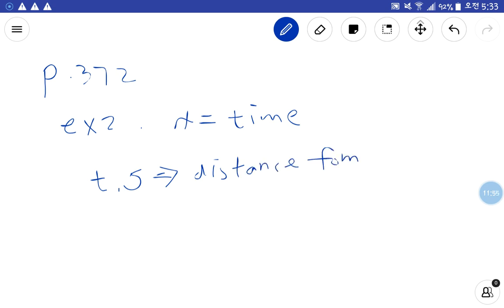You guys remember the distance formula? Distance is equivalent to the product of time and speed. So we can use distance equals time times speed.